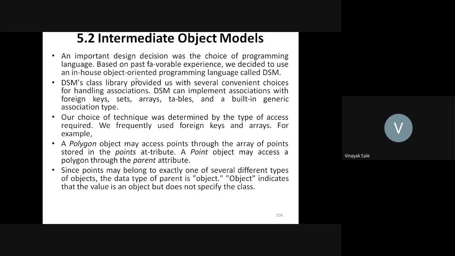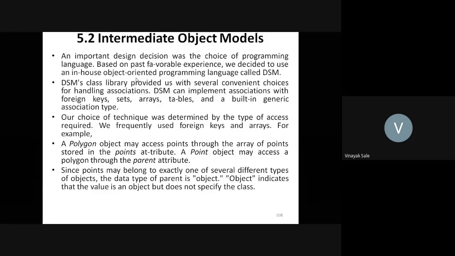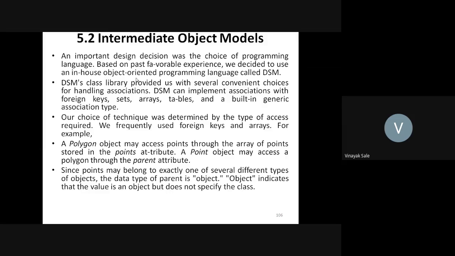DSM can implement associations with foreign keys, sets, arrays, tables, and a built-in generic association type. Our choice of technique was determined by the type of access required. We frequently used foreign keys and arrays. For example, a polygon object may access points through the array of points stored in the points attribute.